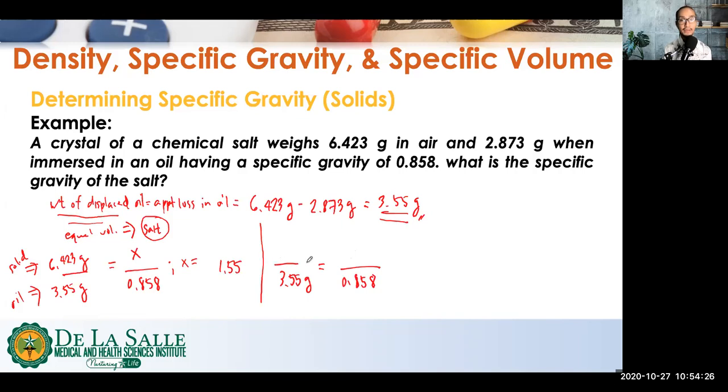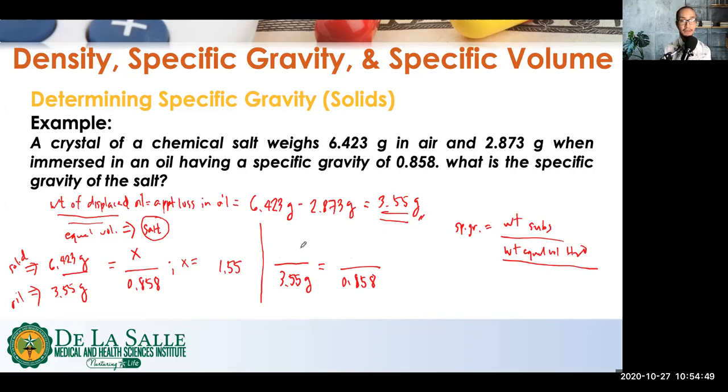Now, if we would like to know the weight of the displaced water, according to the formula of specific gravity, it is the weight of the substance over the weight of an equal volume of water. Right? So you really want to get the weight of an equal volume of water.